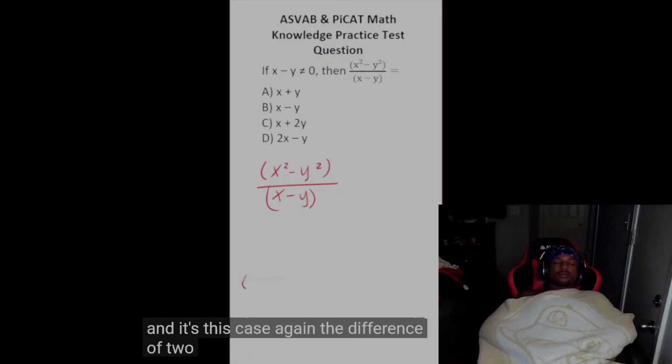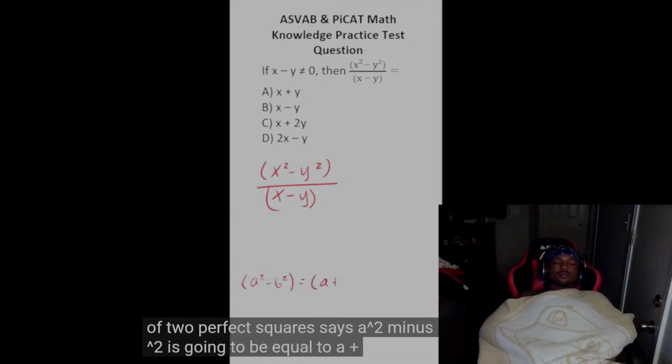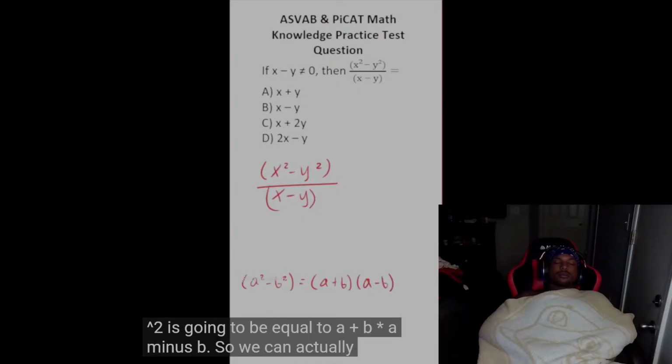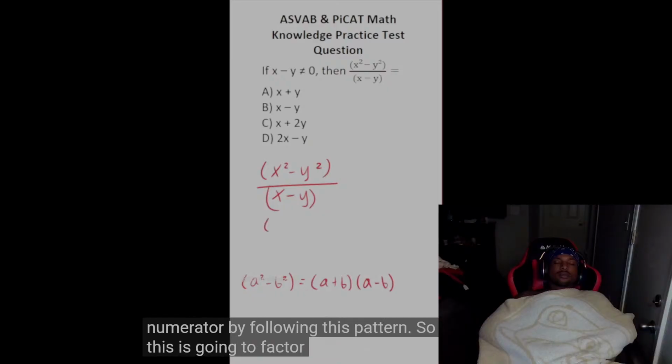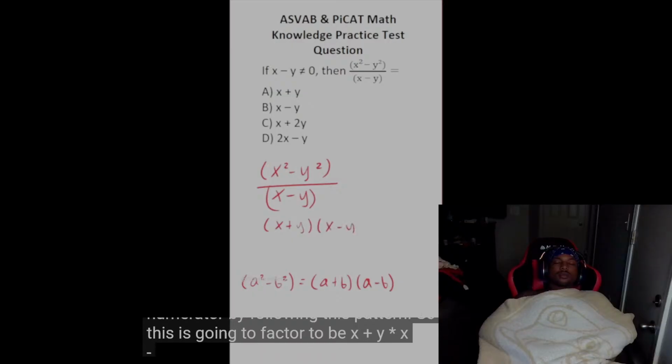Again, the difference of two perfect squares says a squared minus b squared is going to be equal to a plus b times a minus b. So we can actually factor our numerator by following this pattern. So this is going to factor to be x plus y times x minus y.